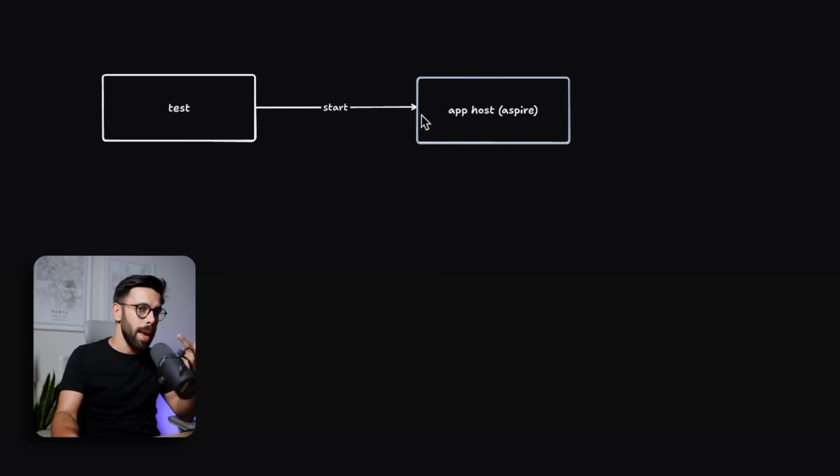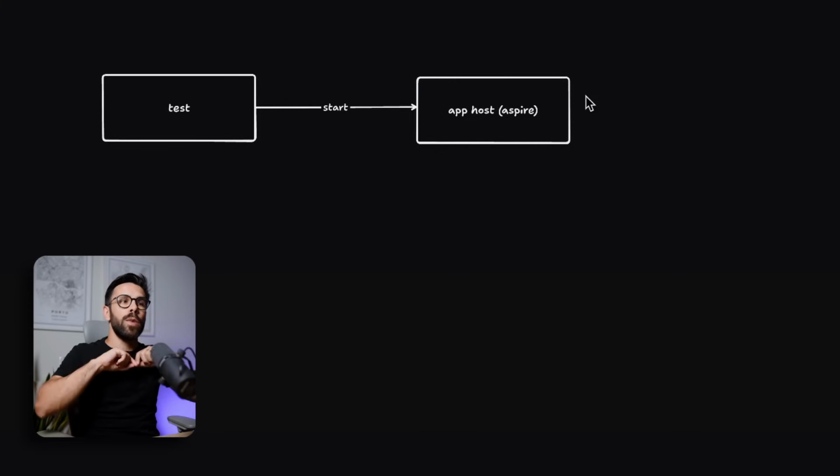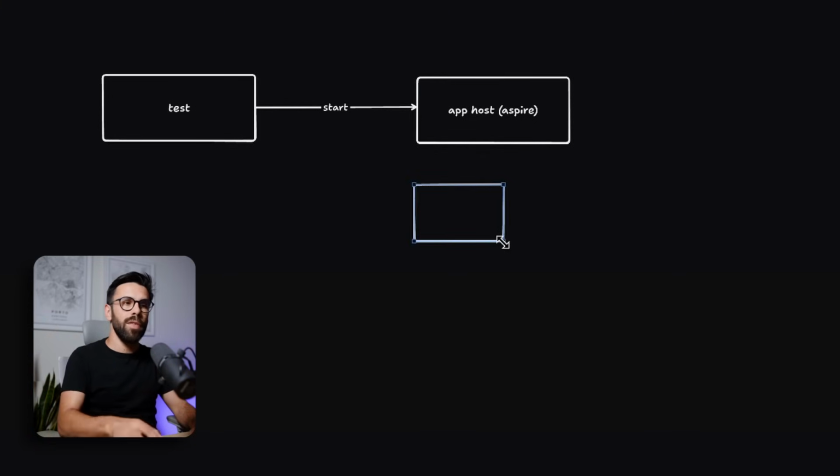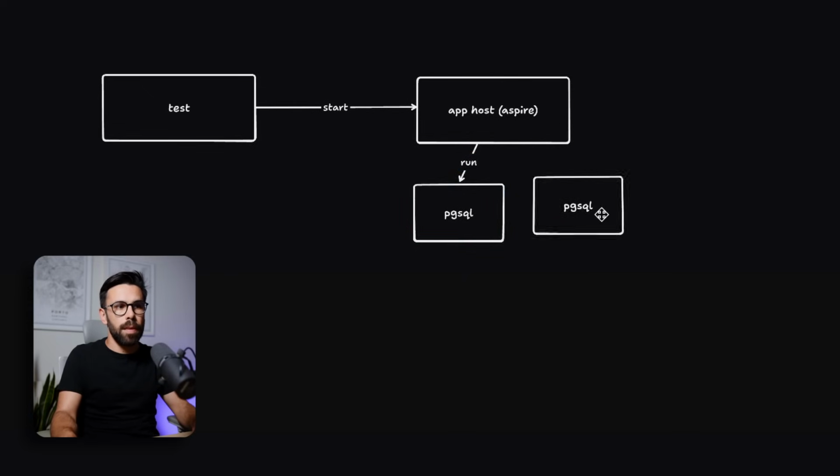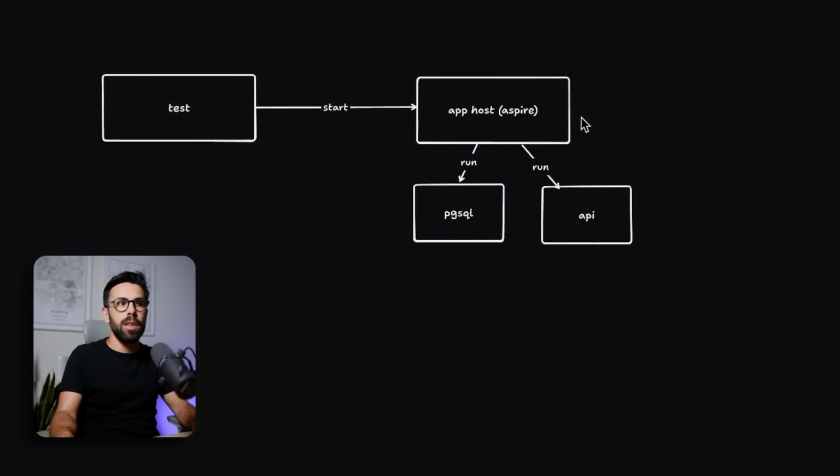What that will make is that it will run the individual resources that you have in your application. So if the app that you are configuring using Aspire has a Postgres database, for example, the host will run it. You will have, for example, your API, and once again, the host will run it.